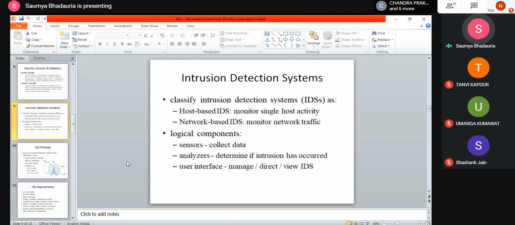There can be any sensor. In case of an IDS, the sensor will have a proper input and a proper output will be generated from that particular sensor.